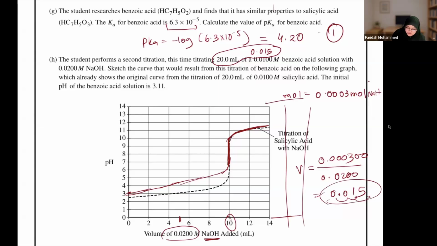So in this case, your equivalence point is going to be reached at 15, and then you're going to go up. Make sense? That's how you get the volume at equivalence point. Any questions? What are the points you're looking for when drawing a titration curve? Your starting point, half equivalence point, and your equivalence volume.